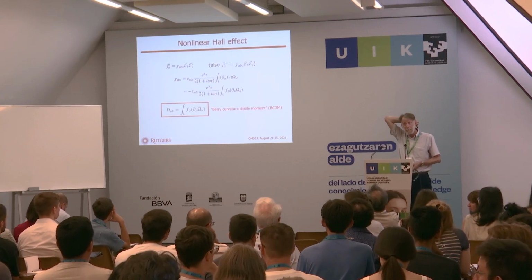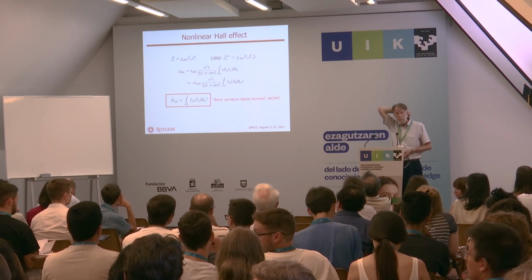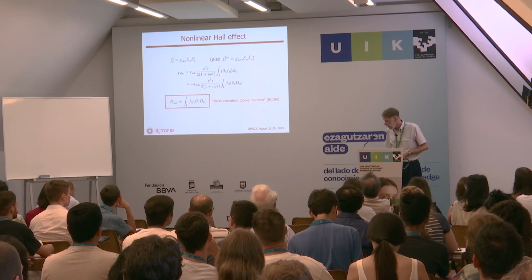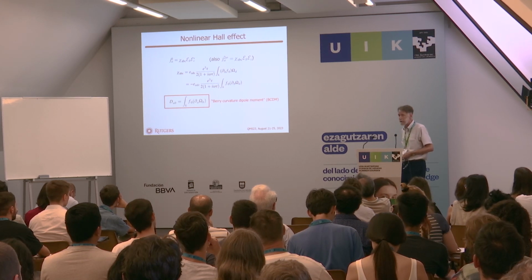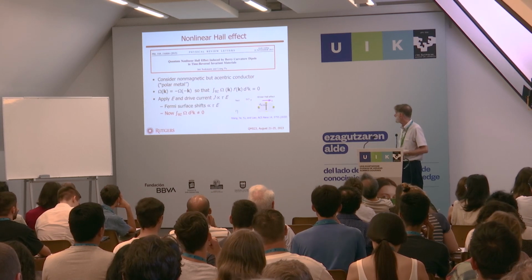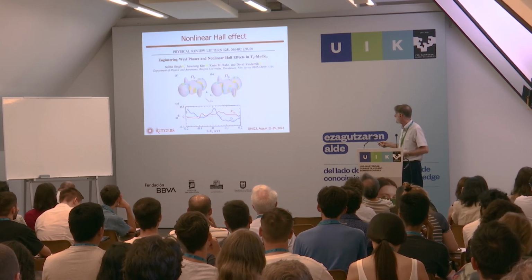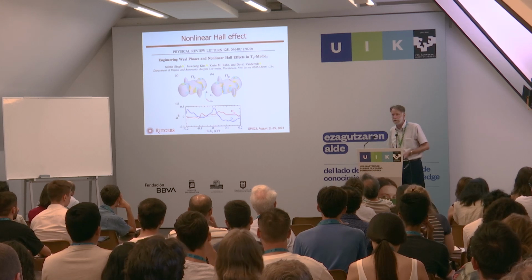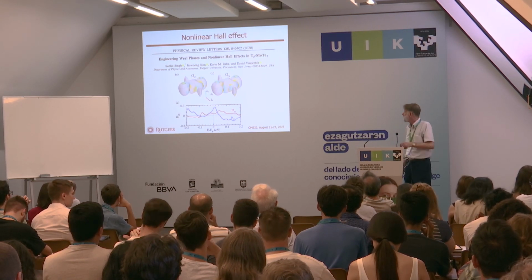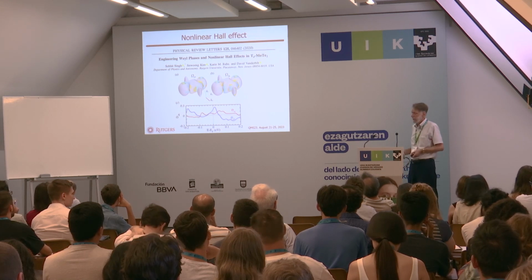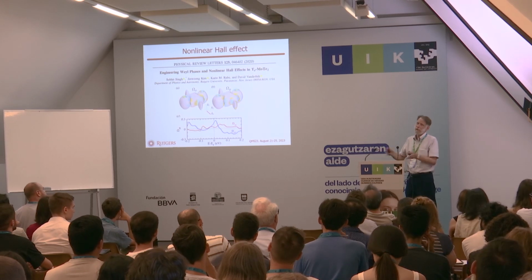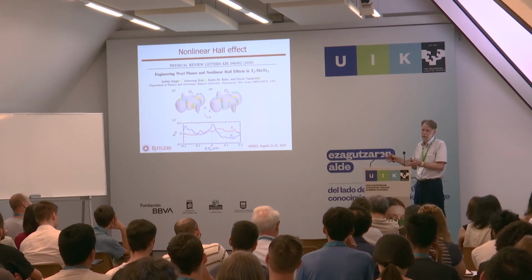Do I need time reversal, or can I have it? You don't need broken time reversal for this. So the point here is that you start with a non-magnetic material. This example that we use, the TMS23, has a transition metal, but it's not magnetic. And the point is that when you apply the electric field, that drives the current, and the current breaks time reversal symmetry.